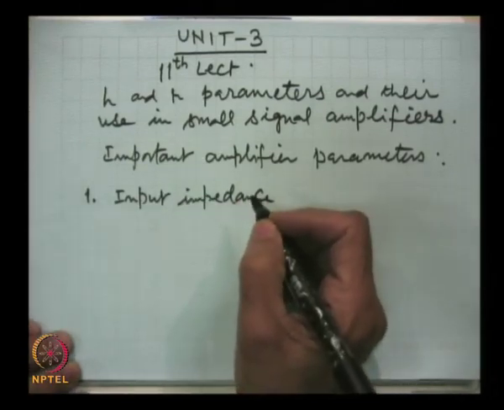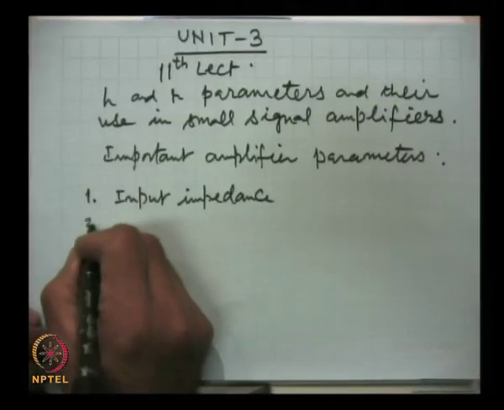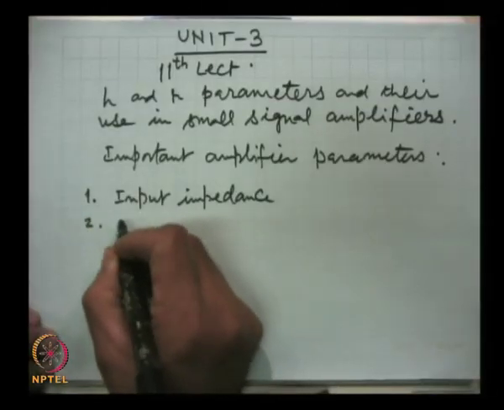You know that resistance and impedance may differ at high frequencies. When the frequencies are small, then resistance and impedance are very close to each other, and so we may call it input resistance or input impedance, but it is better to call it input impedance because we are not yet defining frequency. The other parameter is the voltage gain.